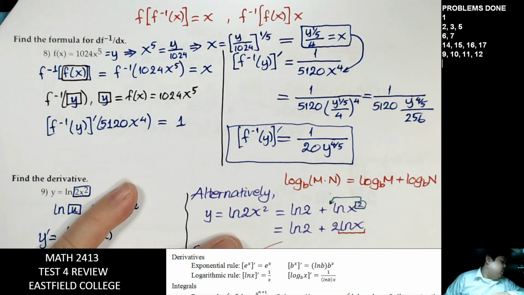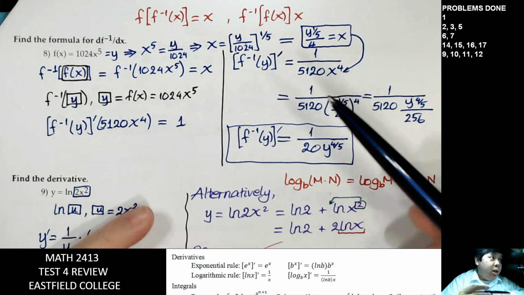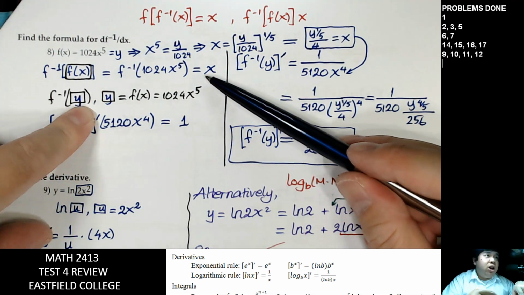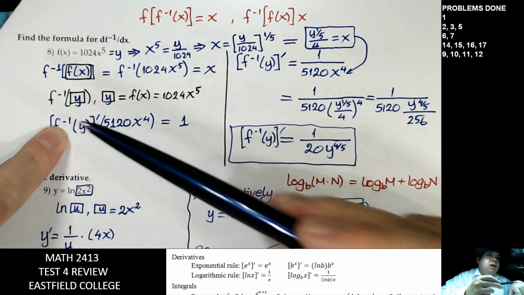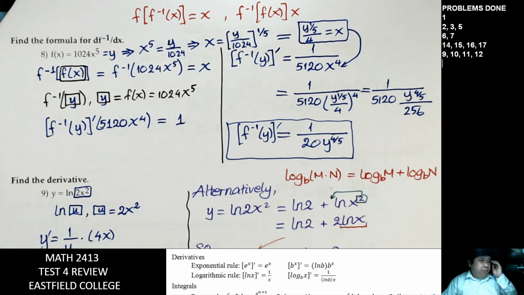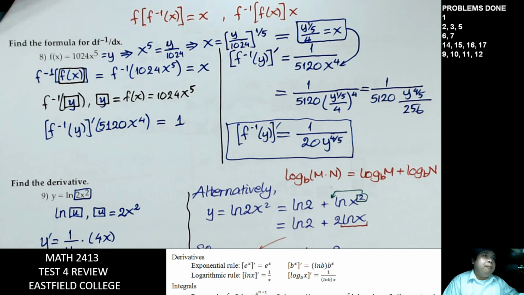Of course, you can write that as x as well. We take the inverse on both sides to cancel the function, turn it to x, take the derivative on both sides, and then solve for that. At the end, if this is a function of y, we should have y. So that is the inverse function theorem. We don't really need to use that theorem, just the definition of the inverse function.